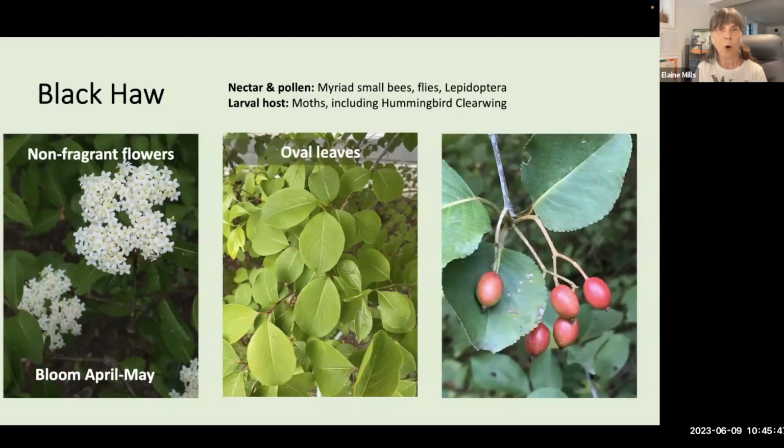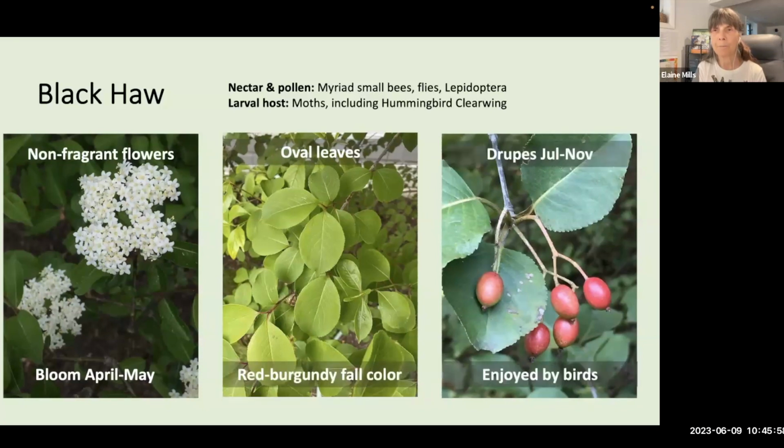Black haw has oval leaves and serves as a larval host for moths, including the hummingbird clearwing, and has a lovely red burgundy fall color. You'll see these drupes, fruits that have a pit inside, something like an olive, from July to November. They're enjoyed by birds, and these can also be consumed by us, again, not raw, but used in cooking.